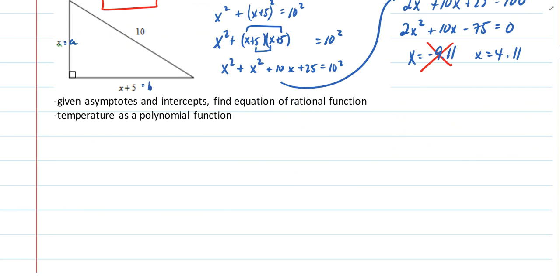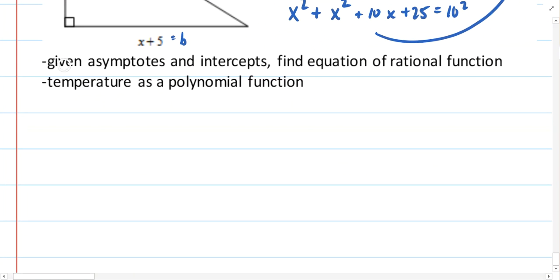For these last two, they're just clues as to problems you might encounter on the test itself. I don't want to give too much away with these, but this one here, given asymptotes and intercepts, find the equation of a rational function. So essentially, you might be asked something like this: find an equation so that y equals some fraction, say x minus some number over x plus some number, or some form like this.